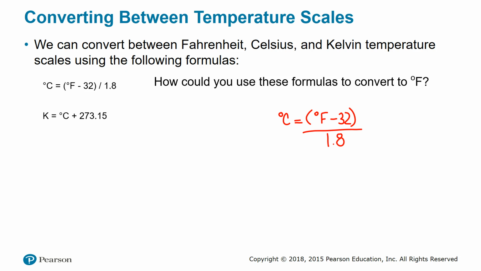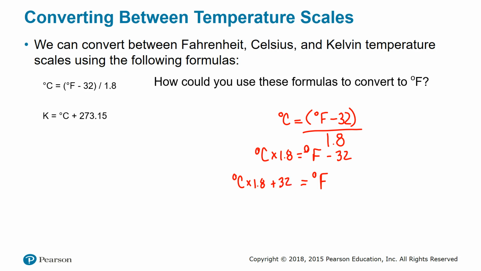The first thing that I could say is degrees Celsius times 1.8 equals degrees Fahrenheit minus 32. And then degrees Fahrenheit is equal to degrees Celsius times 1.8 plus 32.